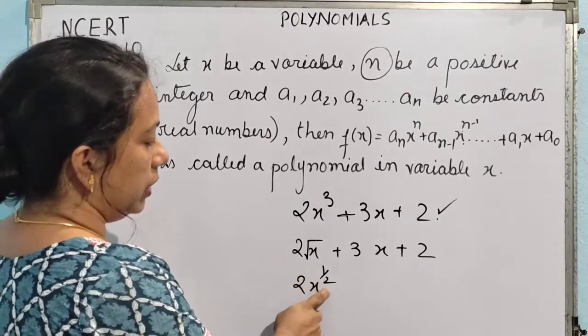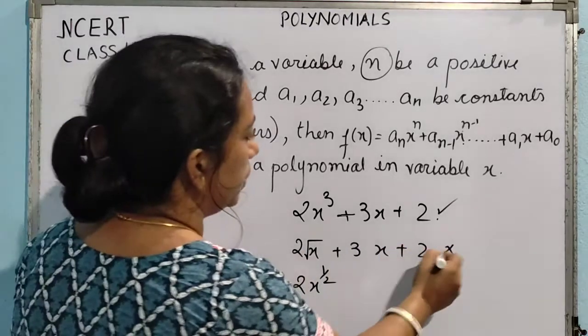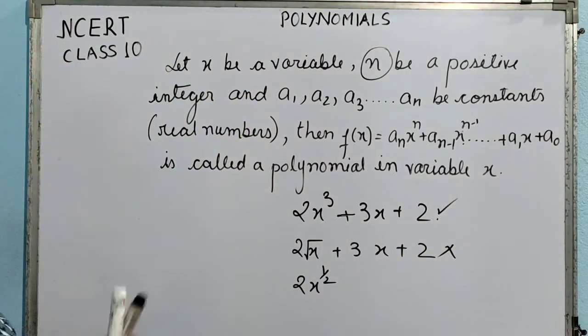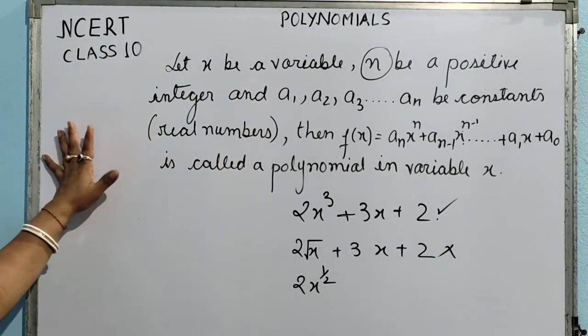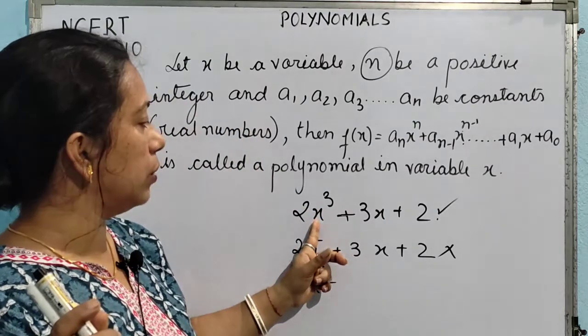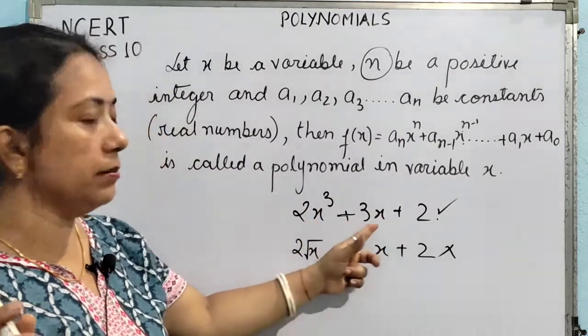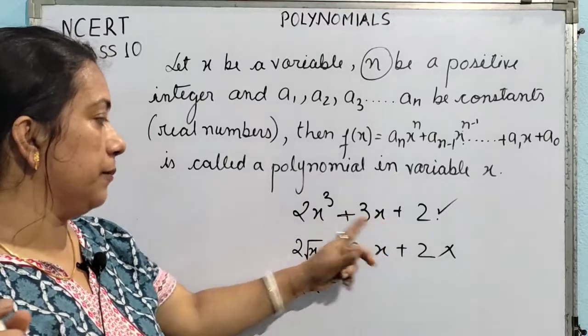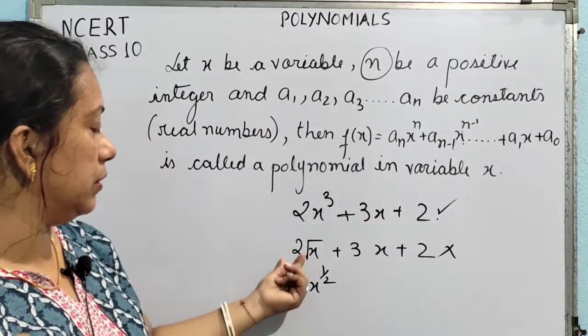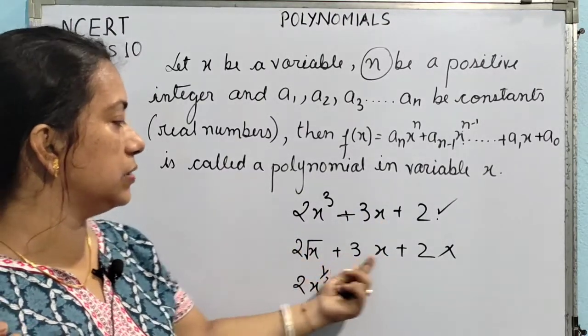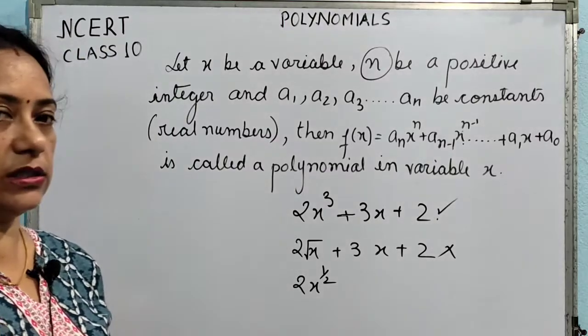So this is not going to be a polynomial. Always remember that in a polynomial the power of x has to be an integer, and the coefficients of the variables will always be real constants.